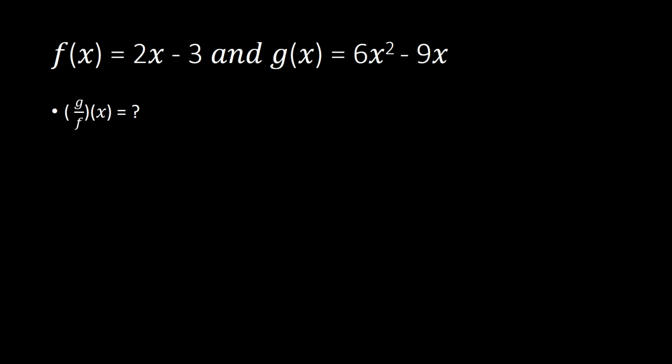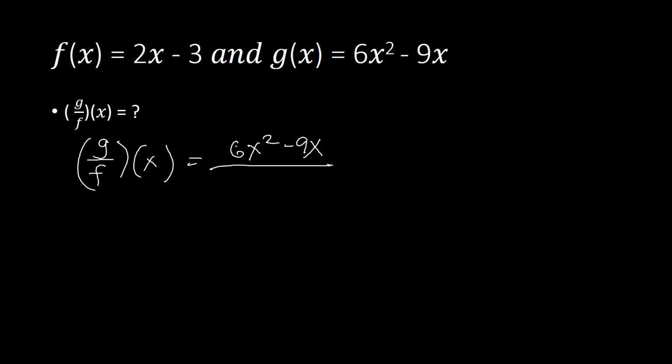So next we go for g over f of x. Our g of x is 6x squared minus 9x over f of x, which is 2x minus 3. 2x minus 3 cannot be factored out because we don't have anything common between 2 and 3.